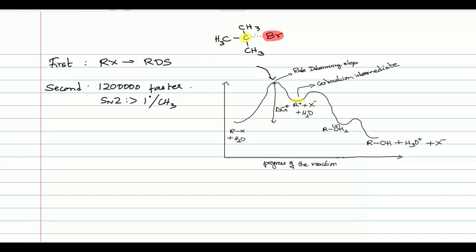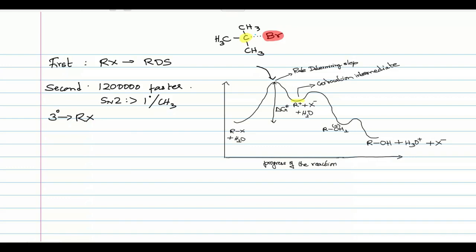Based on the mechanism, we can see that because carbocations are formed easily in the case of a tertiary alkyl halide, the tertiary alkyl halide will be more reactive.